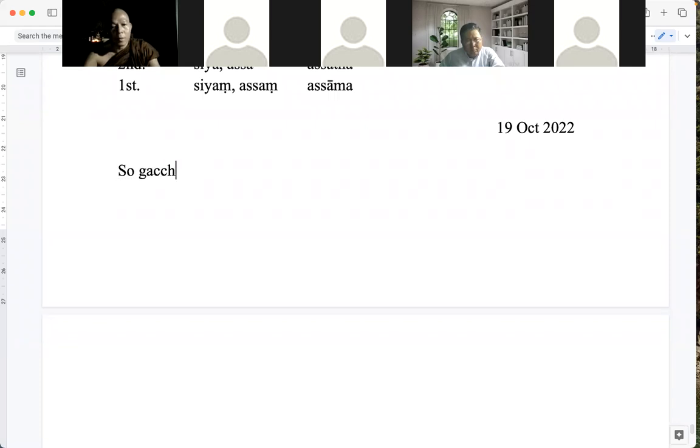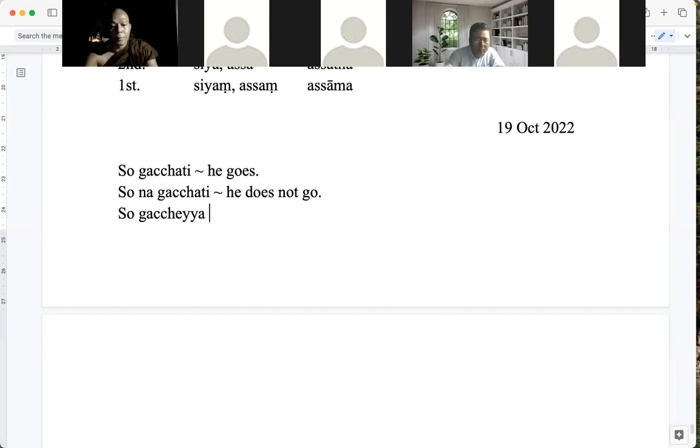For example, gacchati, he goes. But if we use negation, na gacchati, that means he does not go. In the same way, if we use the optative verb gaccheyya, he might go.